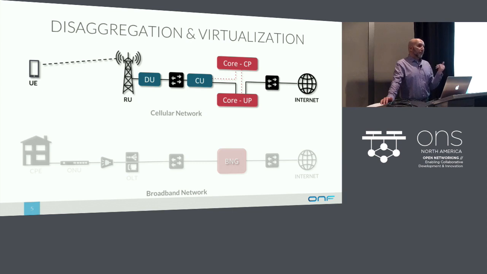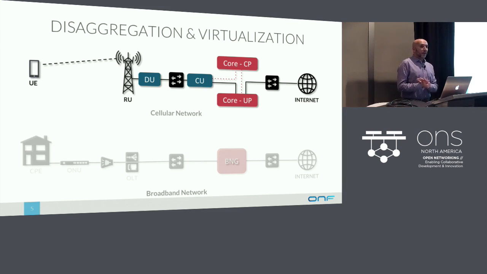We have the distributed unit at cell sites where really delay-sensitive signal processing tasks take place. And then we have the centralized unit, which is virtualized and can sit at an edge cloud location and pool multiple DUs and RUs. On the core side, we have a CUPS solution.